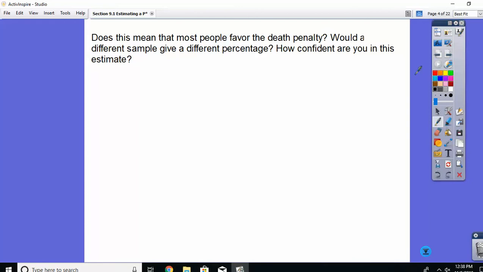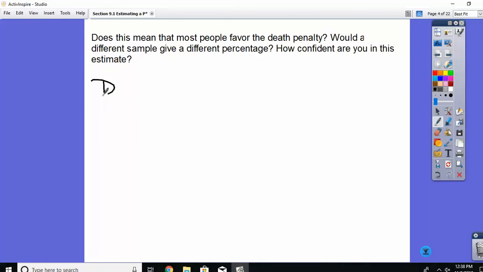Yes. Absolutely. Every sample is probably going to give us a different number. So we have to be able to ask, how confident are we? And we are leading into this idea of a confidence interval. So we need to be able to assign some kind of interval so we know what range should we expect.